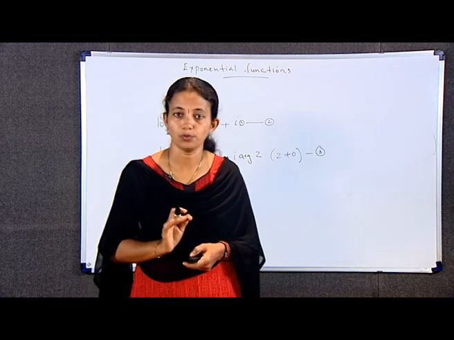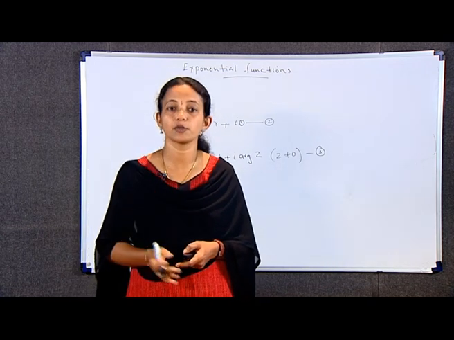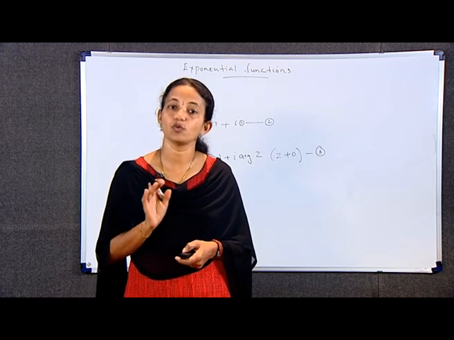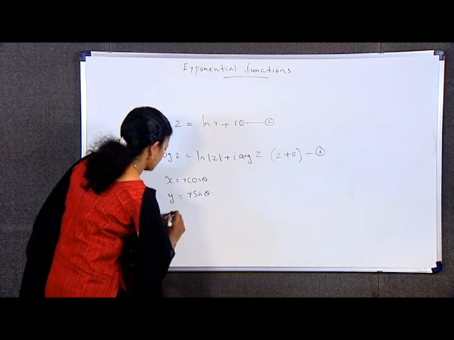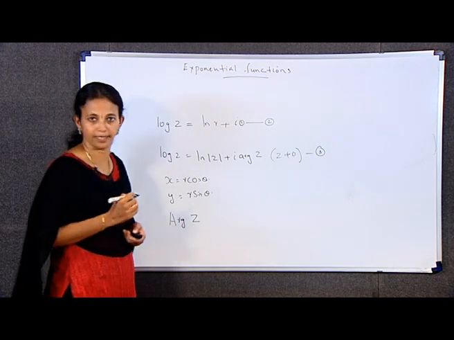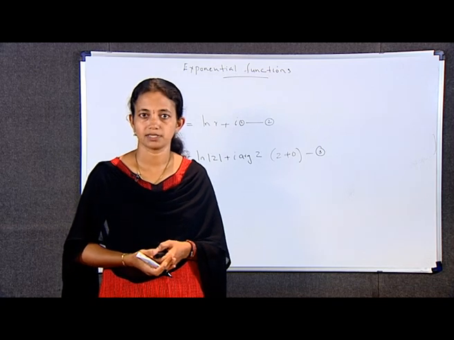This unique value of argument of z such that minus pi less than argument of z less than or equal to pi is called the principal value of arg z and is denoted by capital Arg z. Next we have some examples.